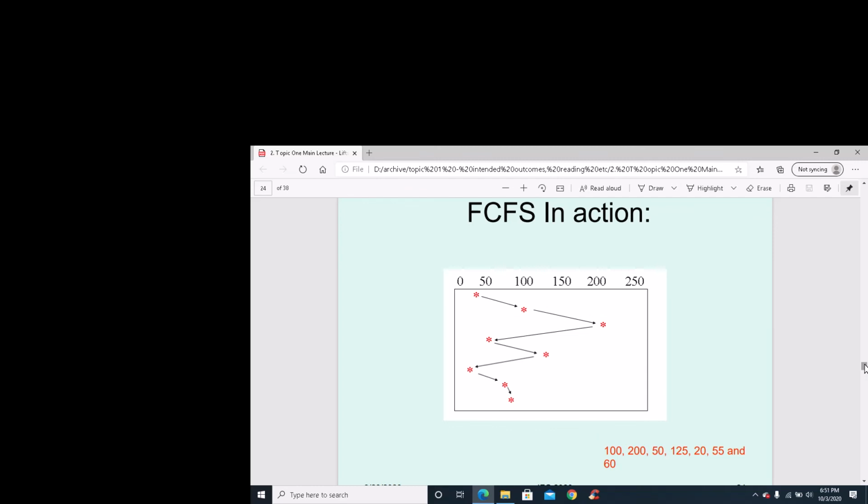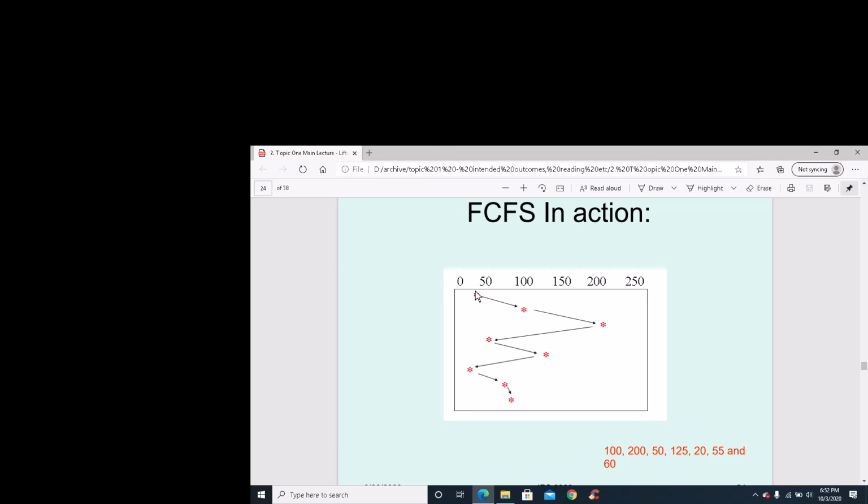So here we go. And what I've done here is to specify the original list of requests from left to right. So remember, 100 was the first request, 200 was the second request, and the horizontal line here indicates cylinder number, and the red asterisk represents the position with respect to a particular cylinder.